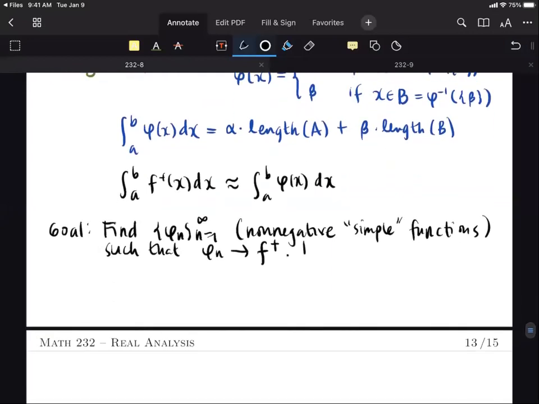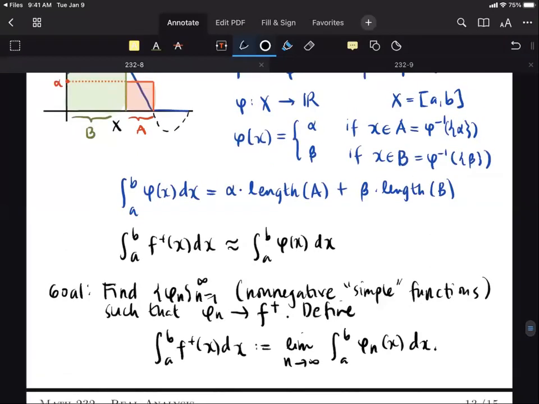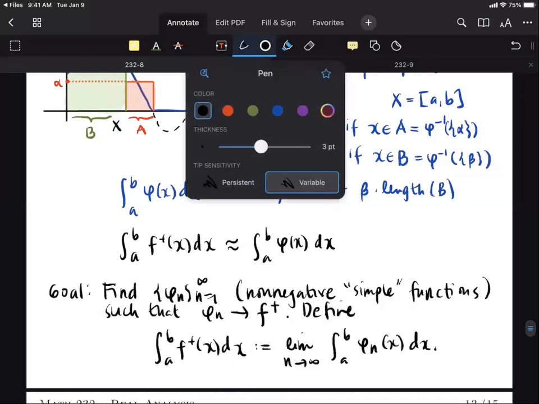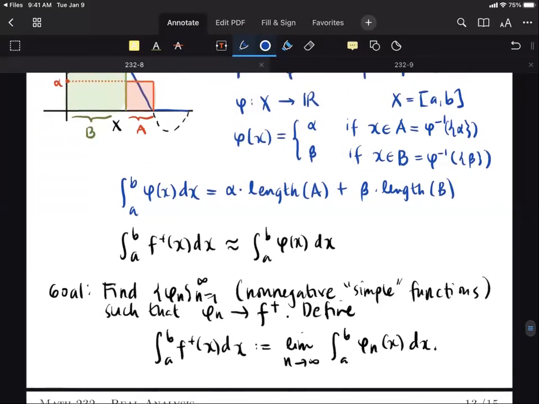And we then define the integral of the positive part to be the limit of the integrals of your simple functions. And this will be somewhat the definition of the Lebesgue integral of a non-negative function.